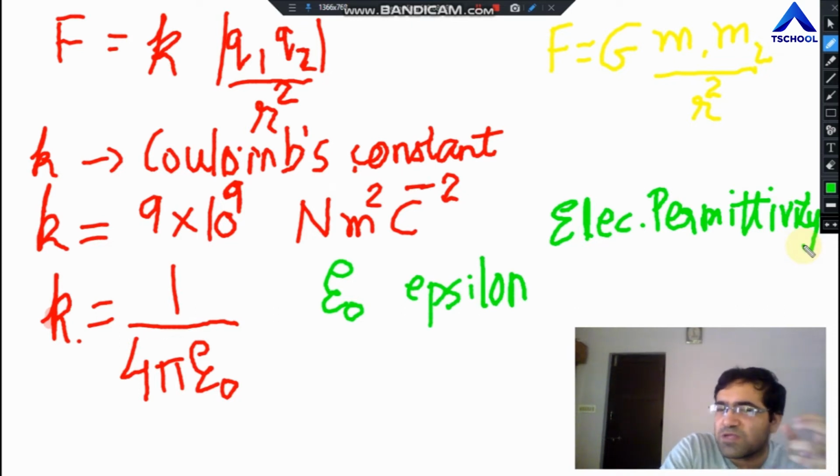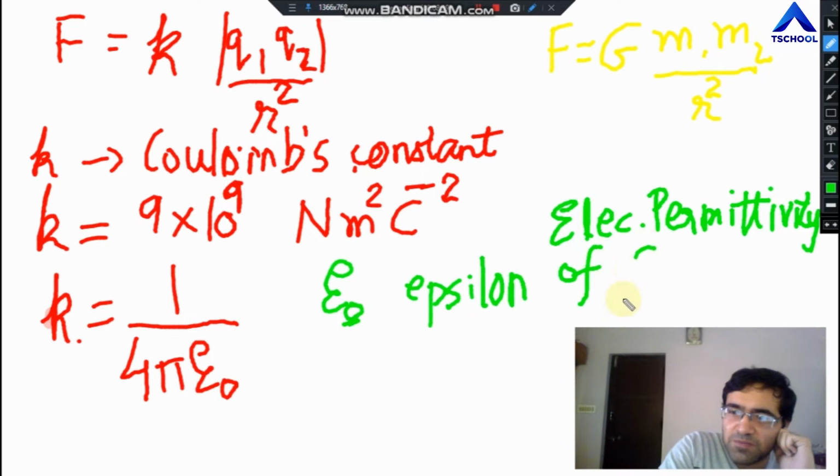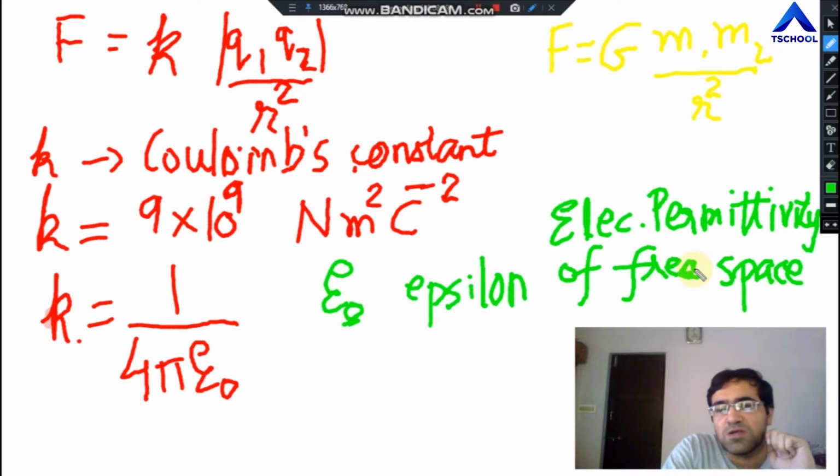So I'm just telling you the name. It's called electrical permittivity, and it's 0, so the value is not 0, but we are writing this 0 here. O stands for vacuum, so we say that this is electrical permittivity of free space. It is electrical permittivity of free space, right?